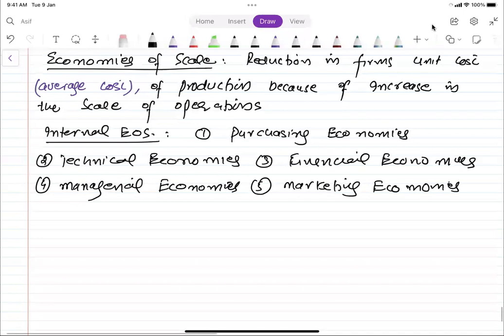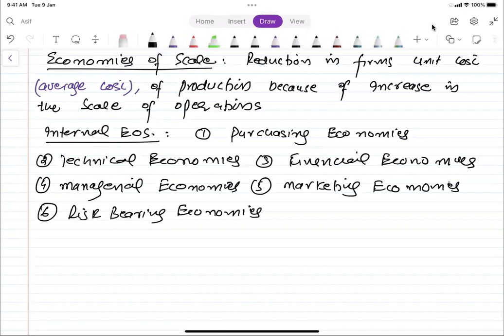Another internal economy of scale that we have is called risk-bearing economies. For risk-bearing economies, it means that large businesses can spend a lot of money on research and development.